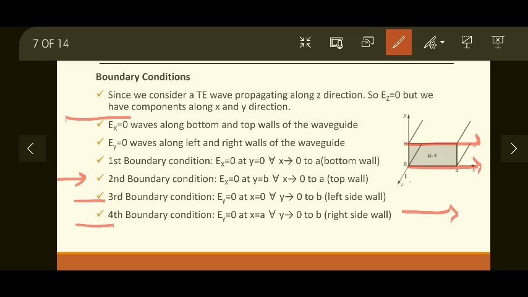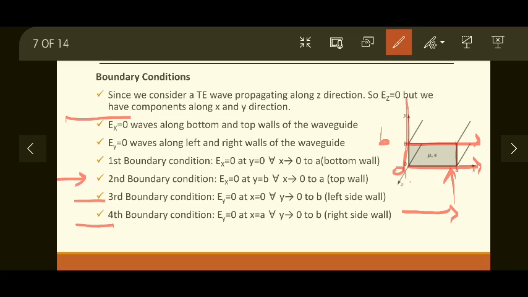X is equal to 0 means along the y axis. So when the electric field component is along the y axis, obviously x will be 0 and y will go from 0 to b. For the right wall, the equation is changing. For x is equal to a, that is the coordinate, and y goes from 0 to b. So that is the fourth boundary condition.